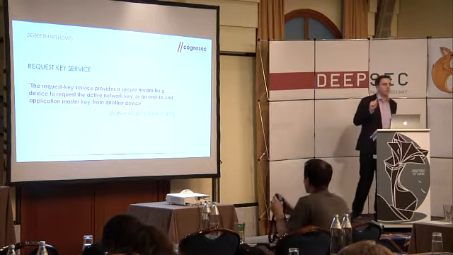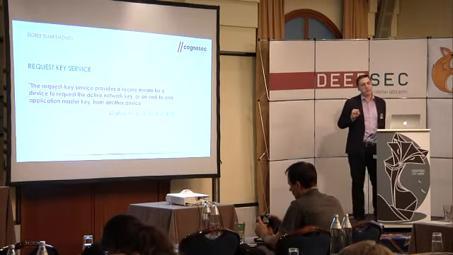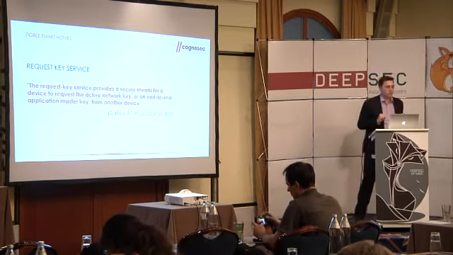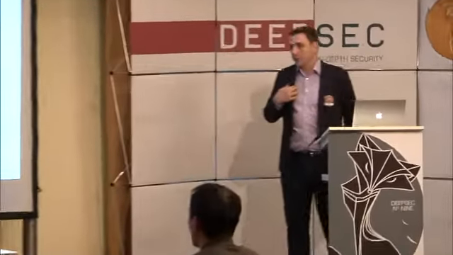A device can ask the central ZigBee router what the actual network key is. They call it request key. I don't get why you would need such a service, because when you apply network encryption, the device will only accept encrypted messages. So you need to know the network key to create a valid command. And if you are not using an encrypted network, there is no network key. So I don't get why you should have such a service.